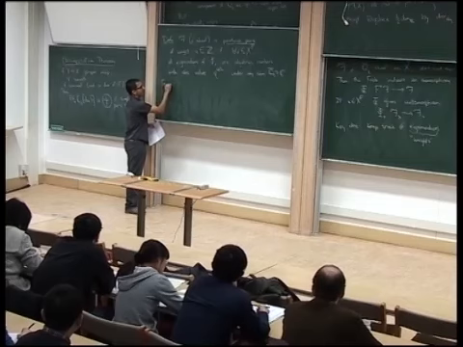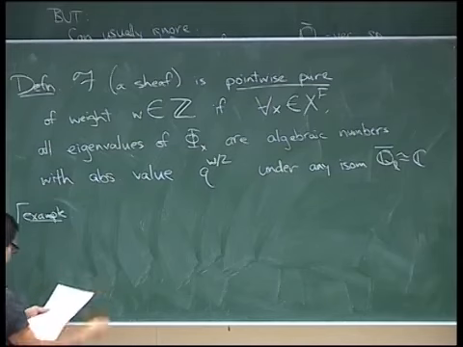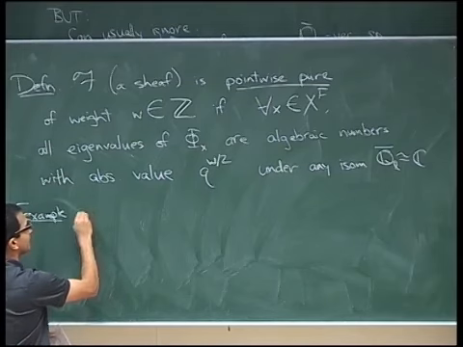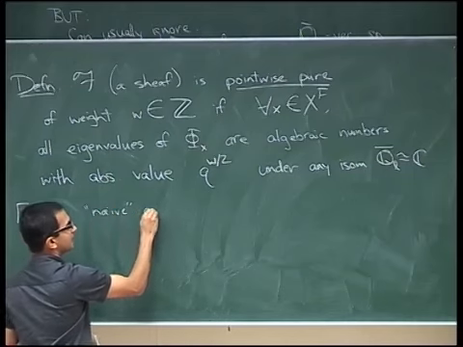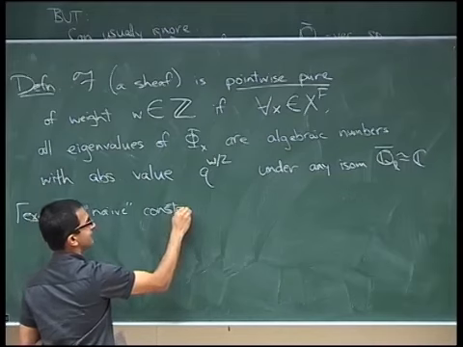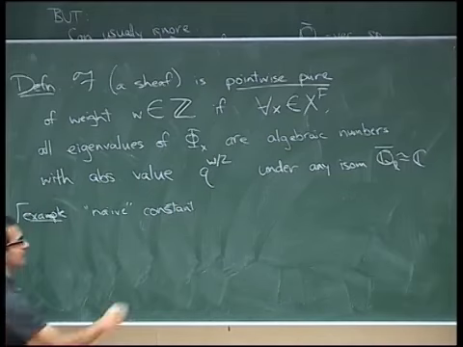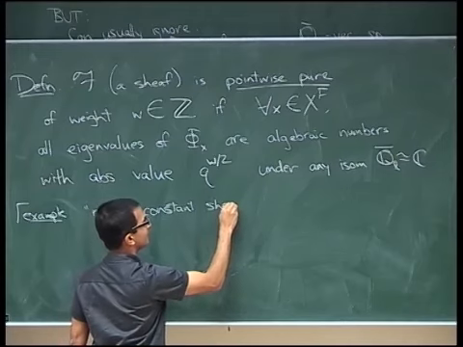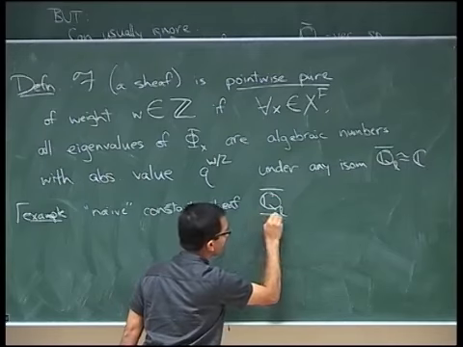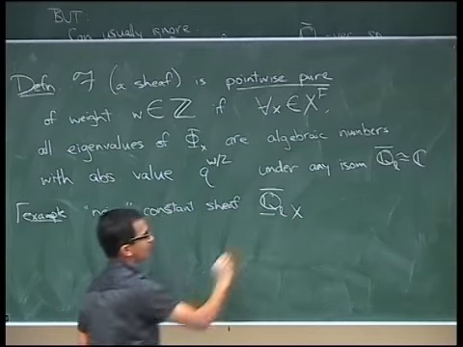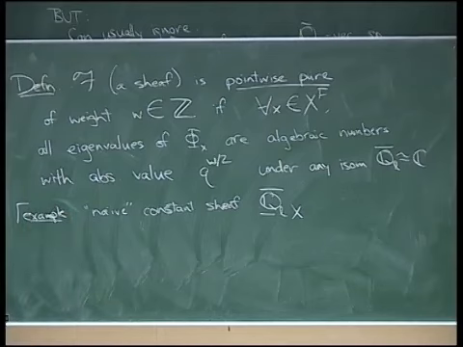So here's a small example. The naive constant sheaf. I'll say why I'm writing the word naive in a moment. Q_l bar, and then I'll write an underline under it to make it into a sheaf.